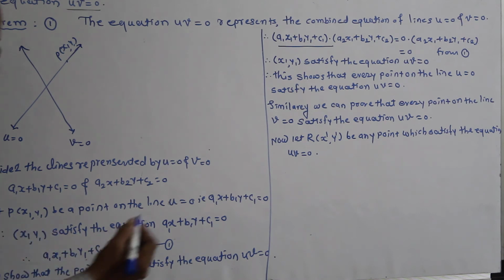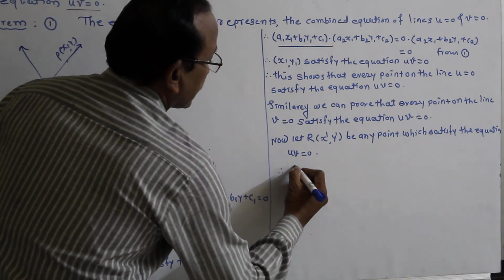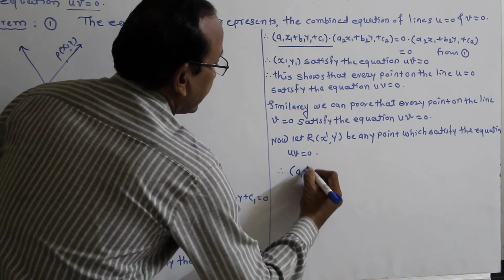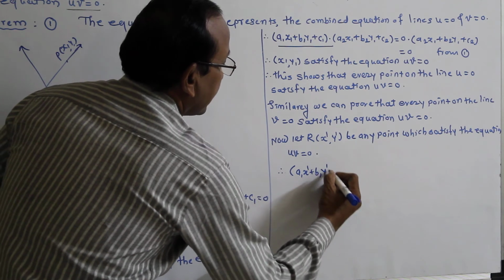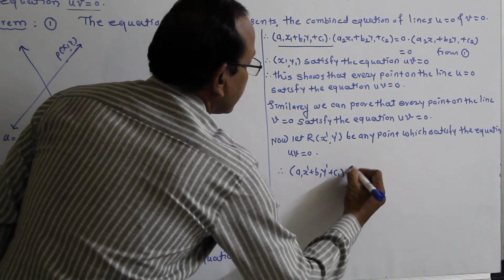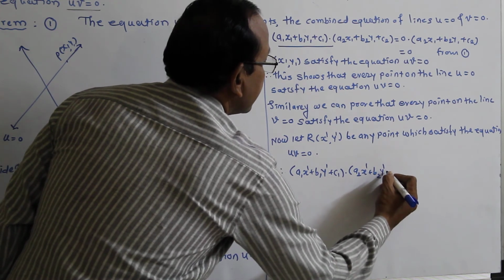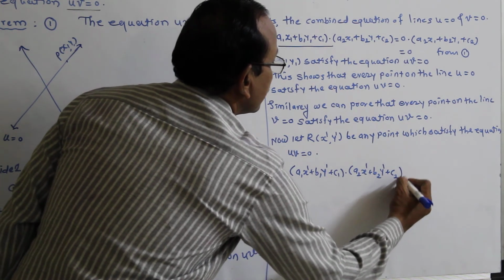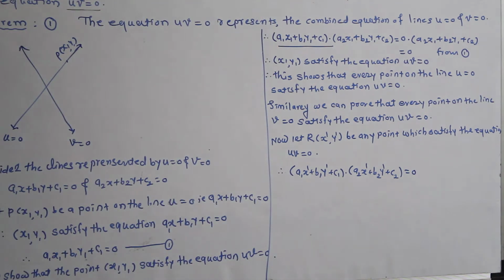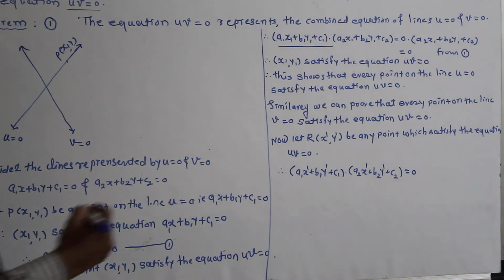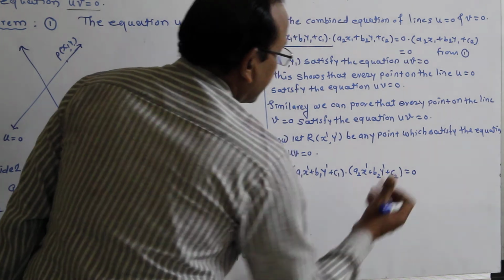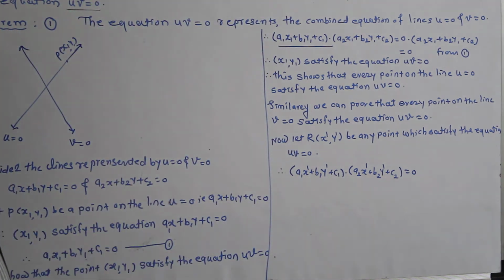Means what? (a1x' plus b1y' plus c1) into (a2x' plus b2y' plus c2) equals 0. If the product of any two quantities is 0, then either one of them is 0.